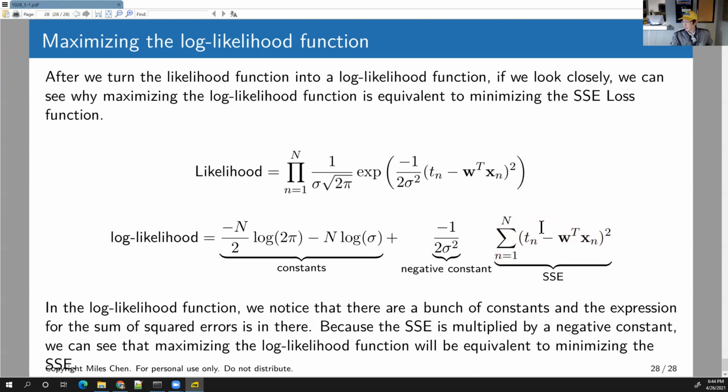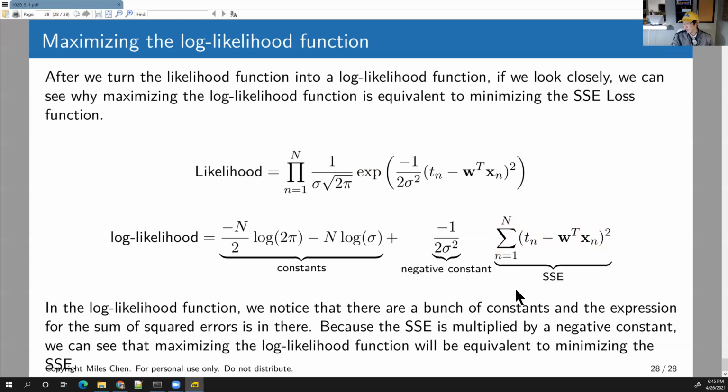And again, this thing only appears if you assume your noise is normally distributed, right? If this part, which comes from the normal distribution, were not true, then this sum of squared error term would not appear in our expression.